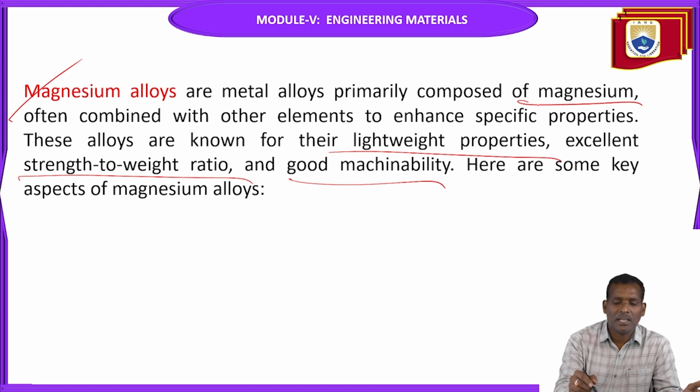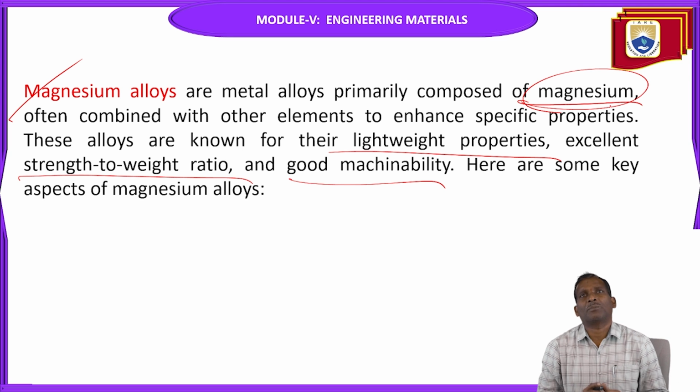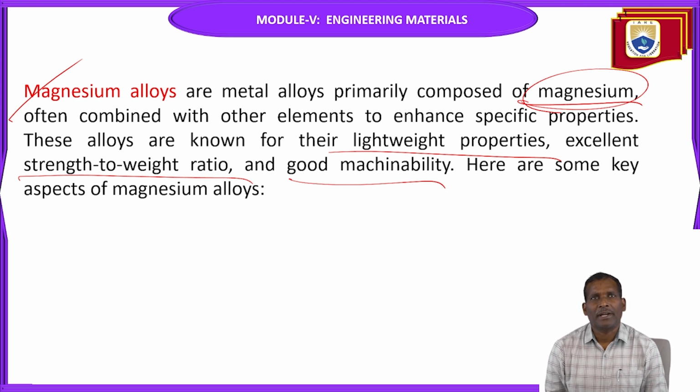But here magnesium is the base metal and other alloying elements will be added, depending upon strength requirement, other property requirements, and application. You can add other elements to magnesium alloys to get the desired properties.